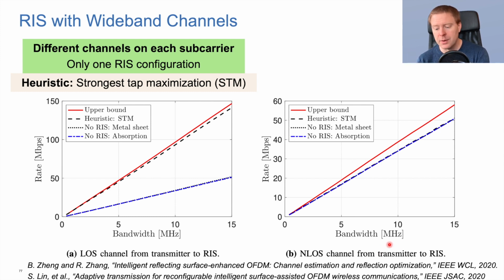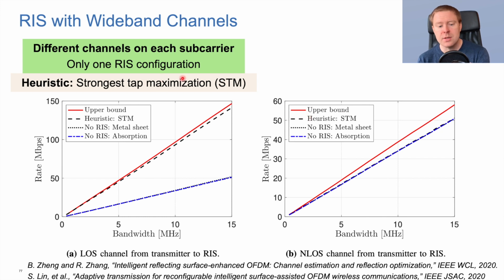If I, from the transmitter to the RS, however, have a non-line of sight path, even if the user has a line of sight path to the RS, here I show you the performance. The numbers are all reduced. I'm all sort of down to the blue curves here. The red curve, where I'm tuning the RS on every subcarrier, is giving us a higher rate.